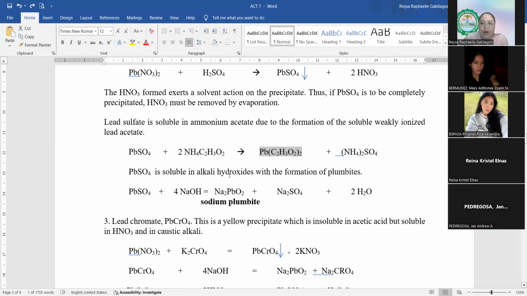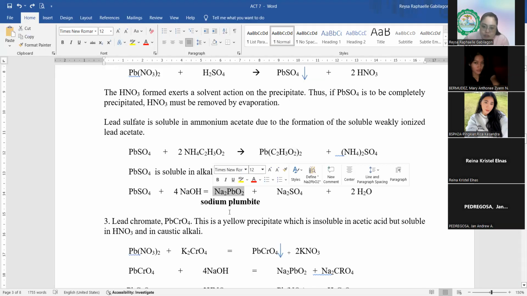So actually you get no precipitate here because lead acetate is stable and dissolves. However, lead sulfate is soluble in alkali hydroxides with the formation of the plumbites. If we mix lead sulfate with sodium hydroxide, there will be a product but you won't see any precipitate. The product is sodium plumbite, which is soluble.